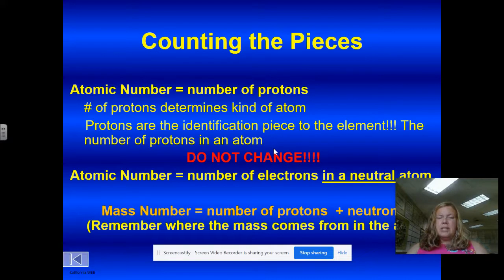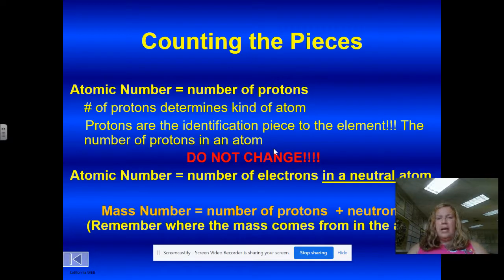The mass number, this is where students typically get messed up. The mass number is the number of protons plus the number of neutrons, because we have to consider, where does the mass come from in the atom? Remember, I told you just a couple slides ago, an electron's mass is 1/1800th the size of a proton or a neutron.